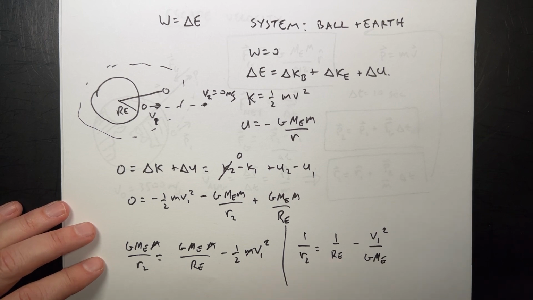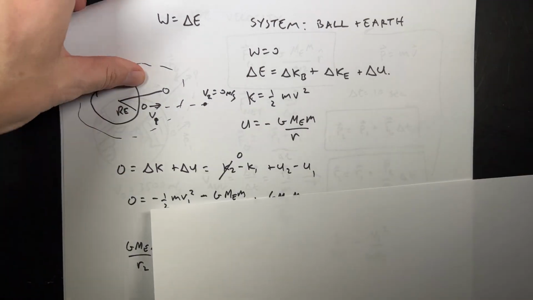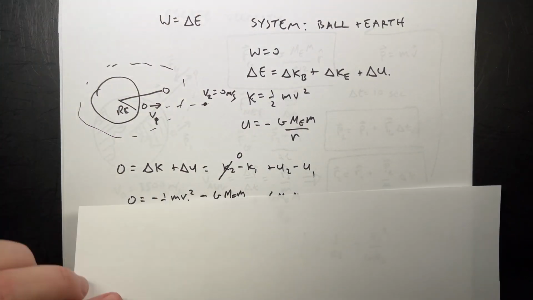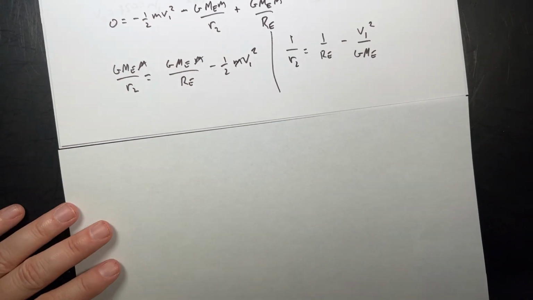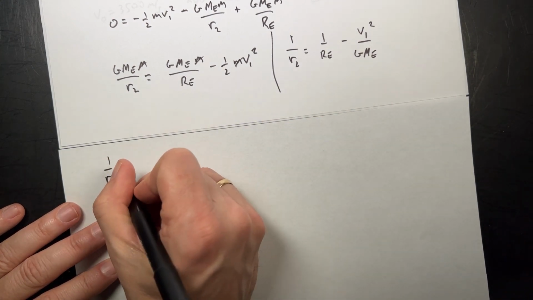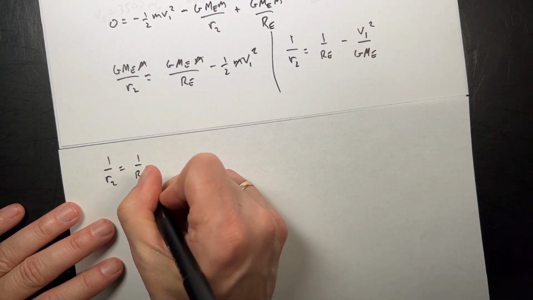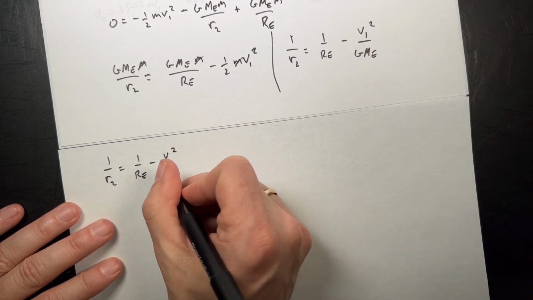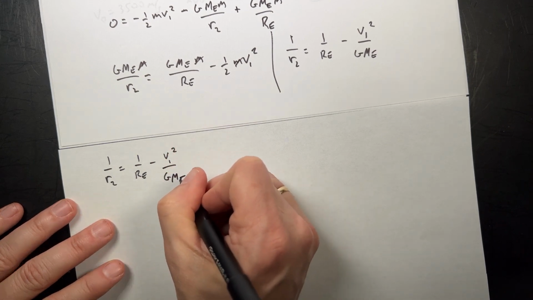I guess I should get a common denominator. I don't want to be barbaric. Let's just do that anyway. Okay, so I'm going to write this equation, 1 over R2, 1 over R_E minus v1 squared over G M_E. I wasn't going to do it, but now I'm going to do it because I felt bad.